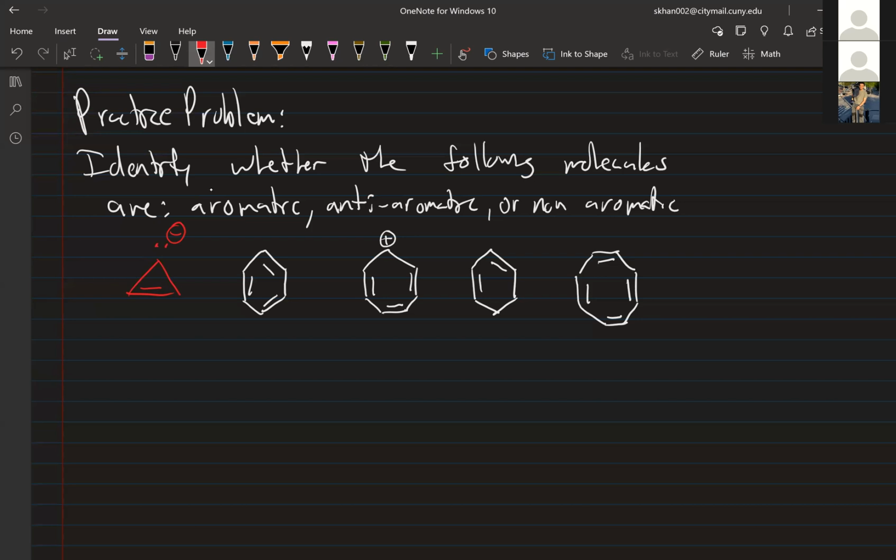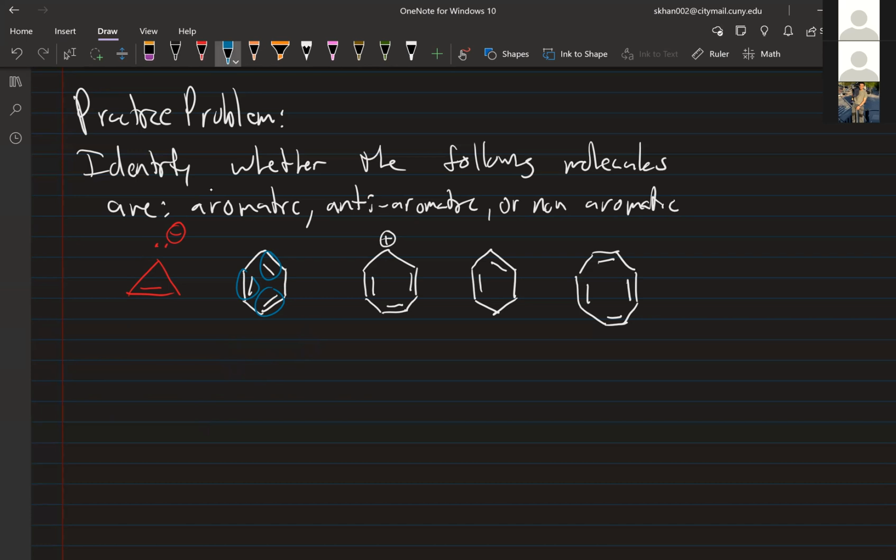So the first one, benzene, it has 2, 4, 6, right? So it has 6 pi electrons. Does it obey rule 1? Yes. Okay, don't do what I just did. First thing, let's always do rule 1.